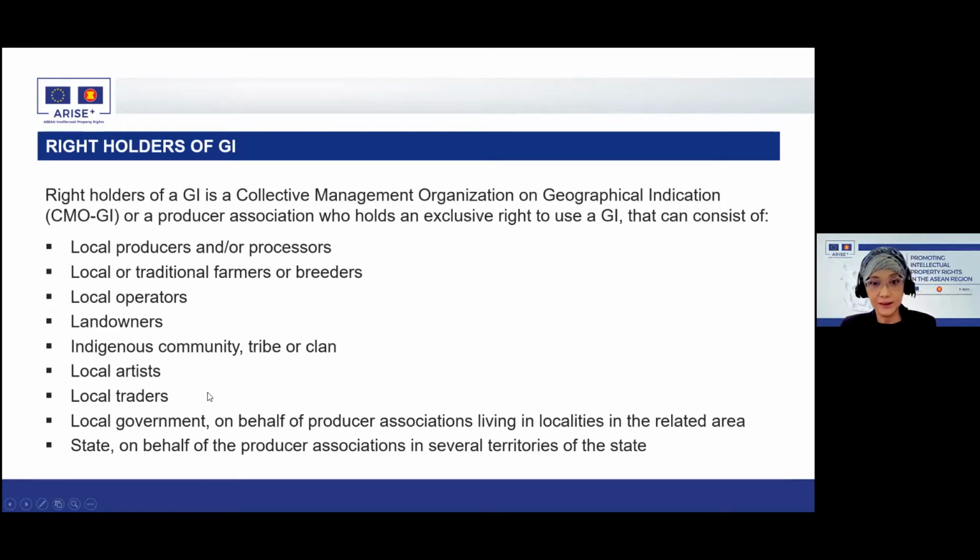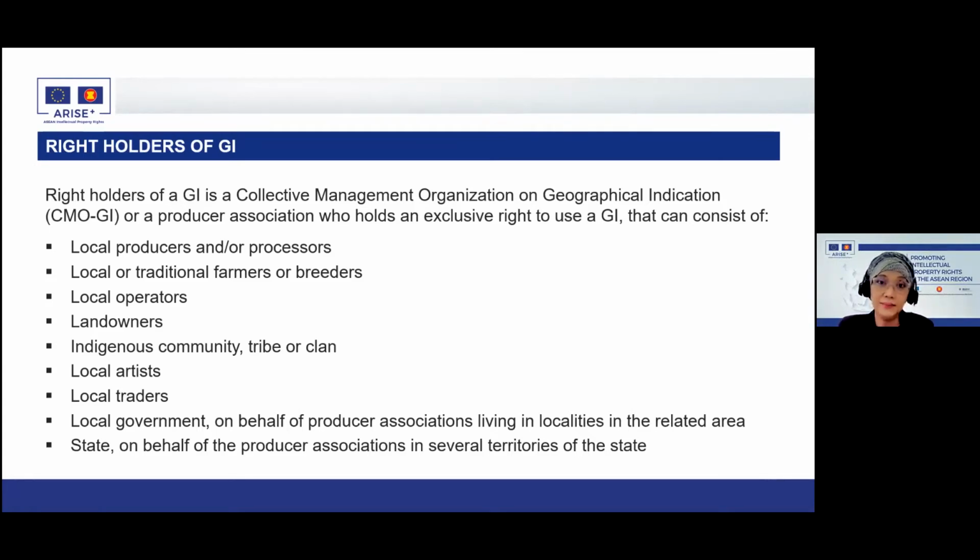Some countries also give the possibility for local government to become the holder of GI. But this is insofar as the local government acts on behalf of producer associations who live in that territory. The state can even also hold a GI.